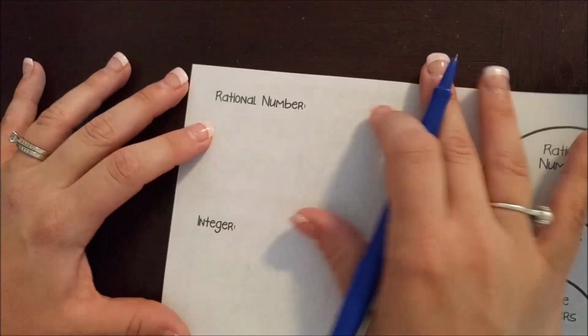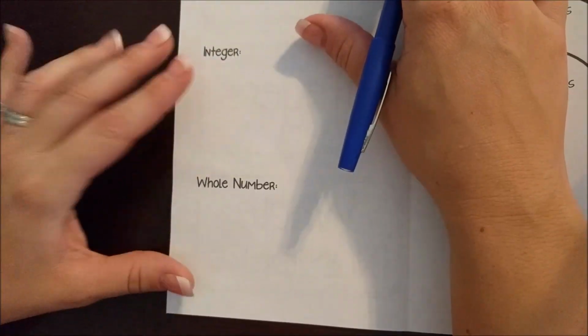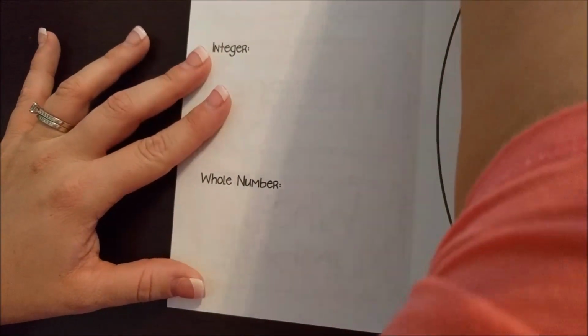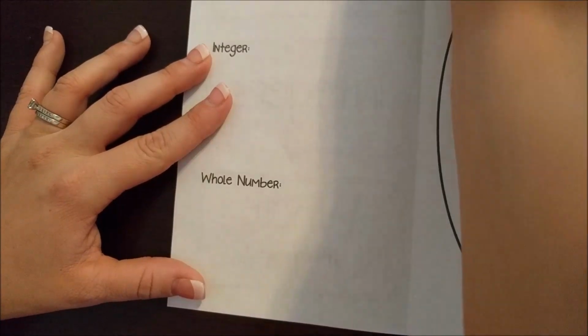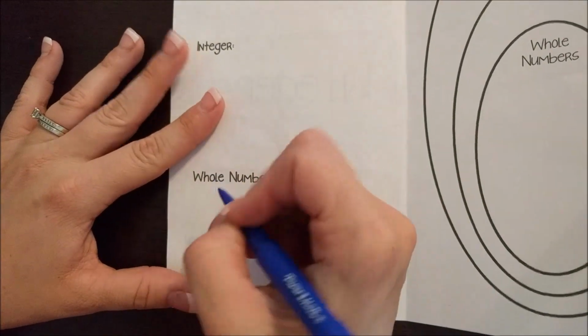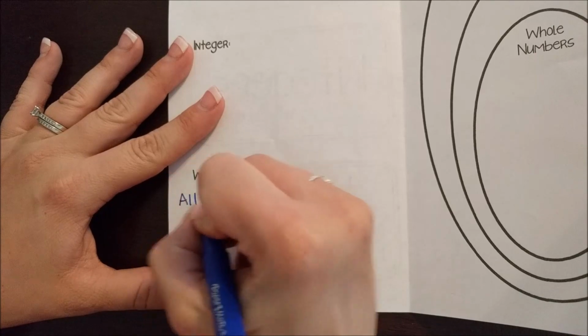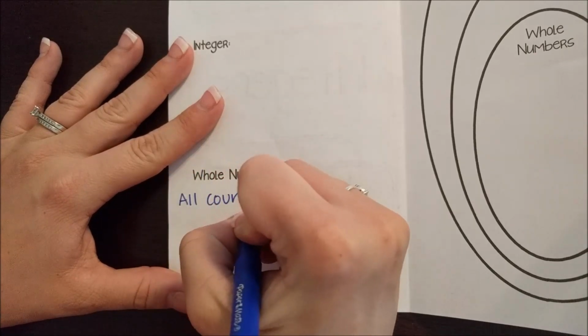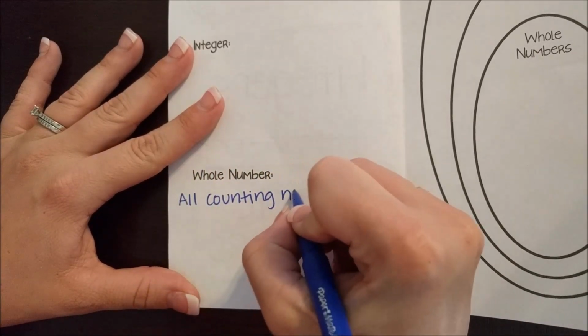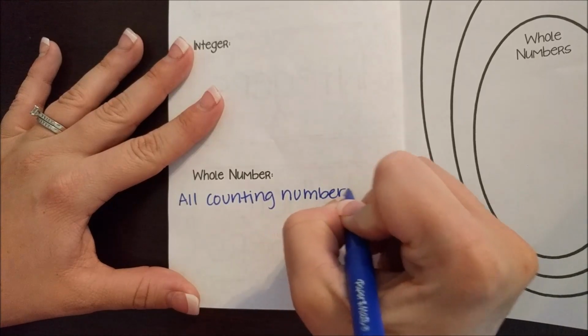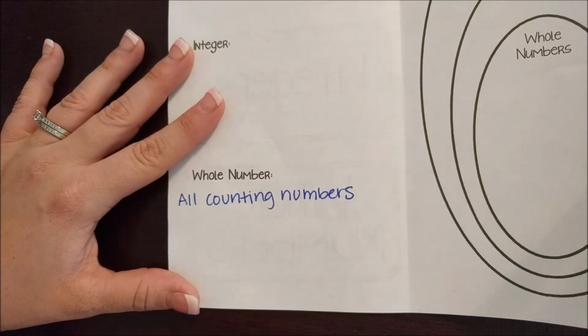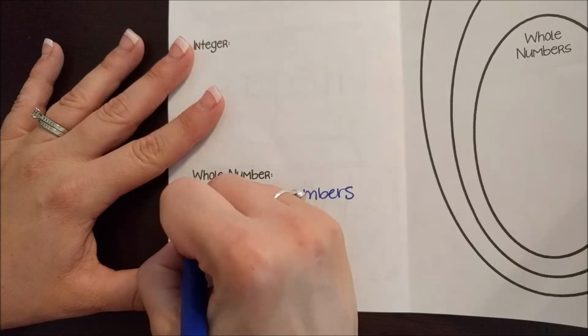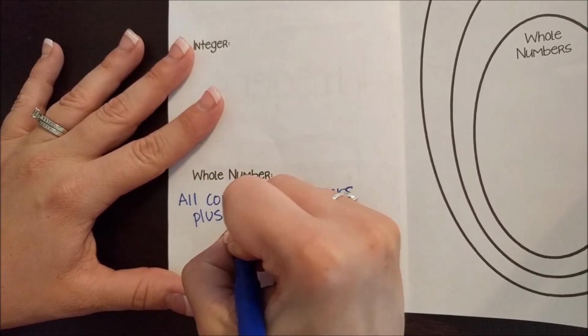All right, let's open this up and go to the left side and define these things. I'm going to start with whole numbers. Whole numbers are all your counting numbers plus 0.